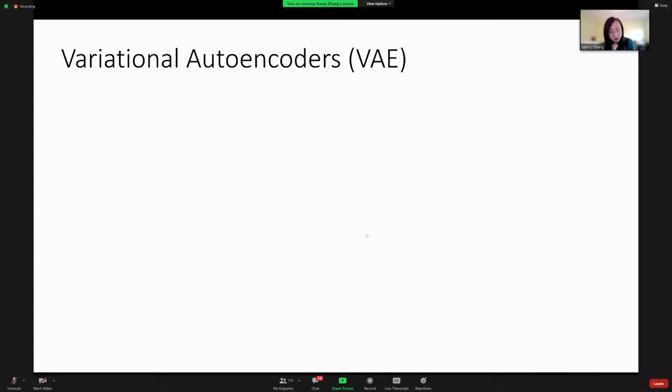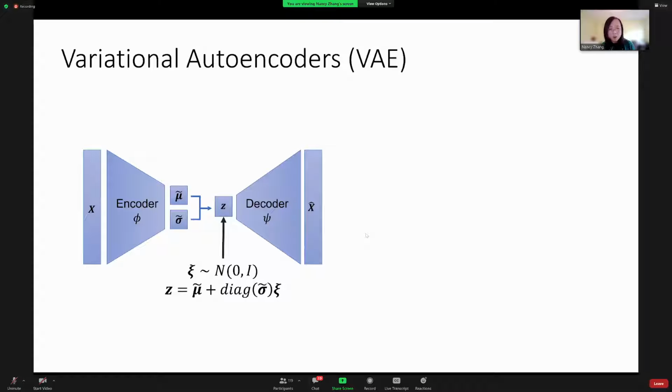Okay, so I'm going to start with the variational autoencoder, which is a particularly useful version of autoencoders. The variational autoencoder starts with encoding layers.